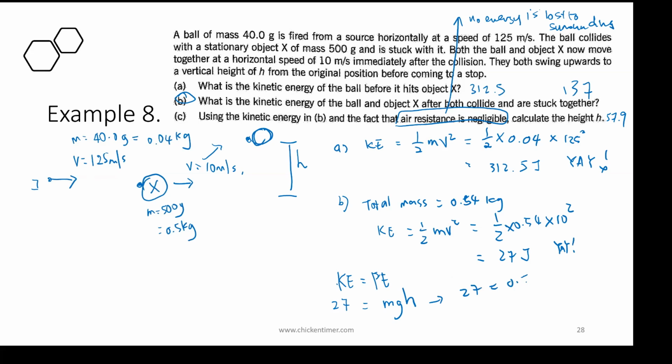Mass is 0.54 times 10 times h. So h is 27 divided by 0.54 times 10, which is 5 meters.